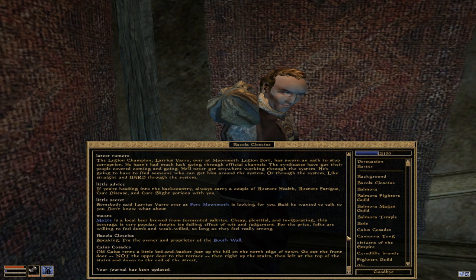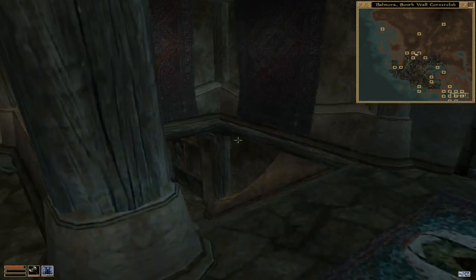Then right up the stairs, then left at the top of the stairs and down to the end of the street.